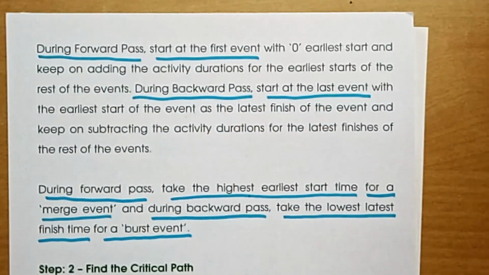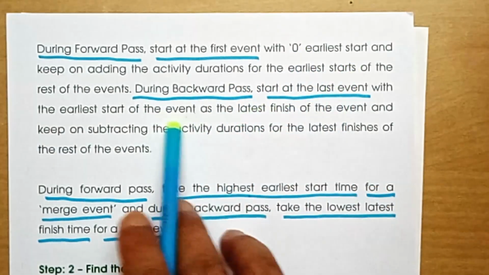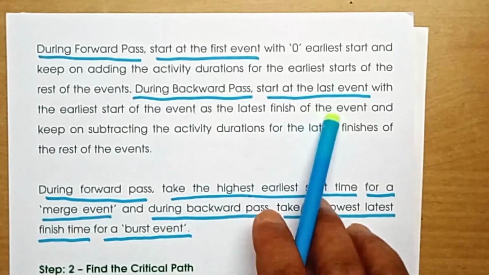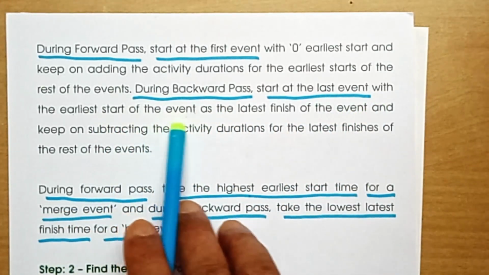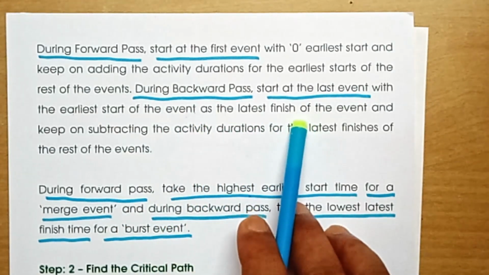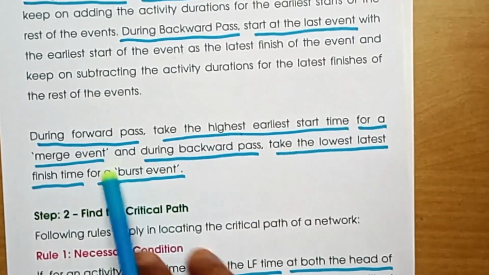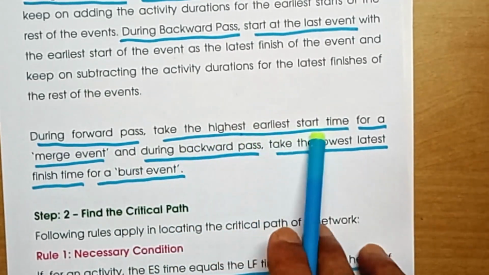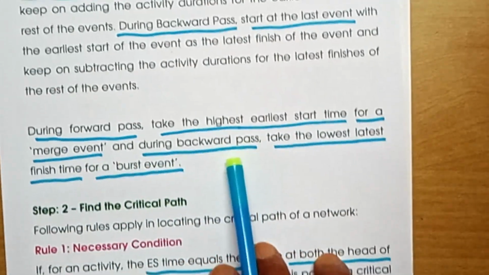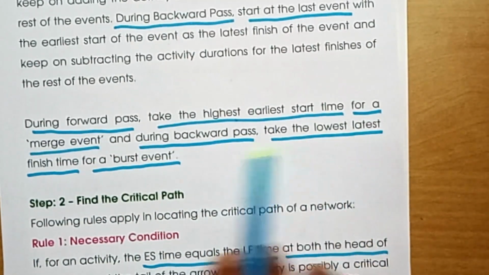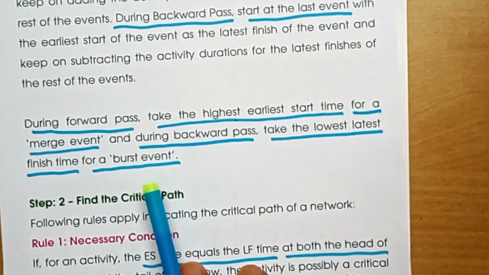Forward pass starts at the first event with 0 earliest start. Backward pass starts at the last event with the earliest start of the event as the latest finish. During forward pass, take the highest earliest start time for a merge event, and during backward pass, take the lowest finish time for a burst event. We have all discussed and we have all understood.